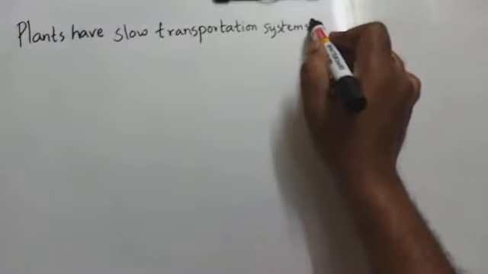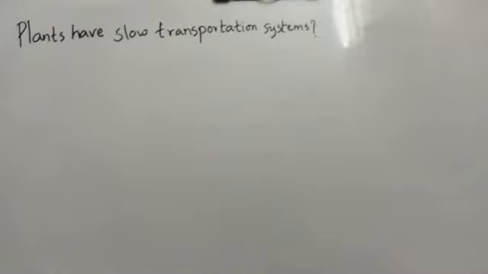Why do plants have slow transportation systems?